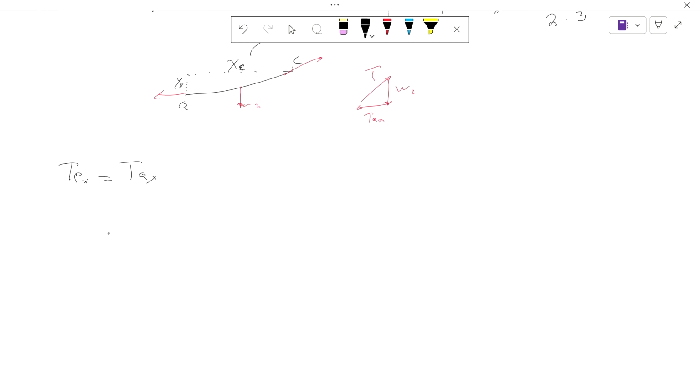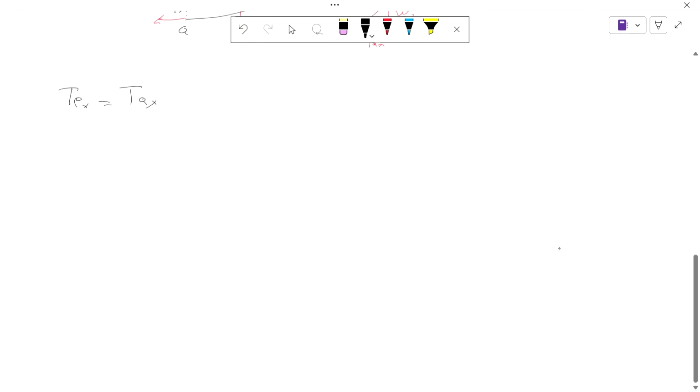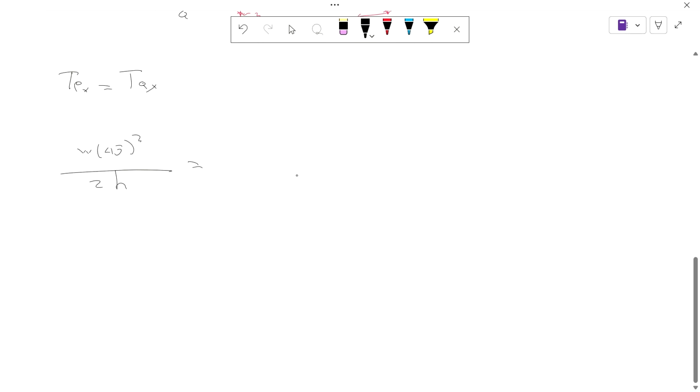What this means though is that we have to bring equation 1 and equation 2, which we're going to name this one equation 2, and set that equal to that. So here we say that W times 45 squared divided by 2H is equal to equation 2, which we saw right here, W times 30 squared divided by 2 times 3. So I think we can solve this pretty easily.